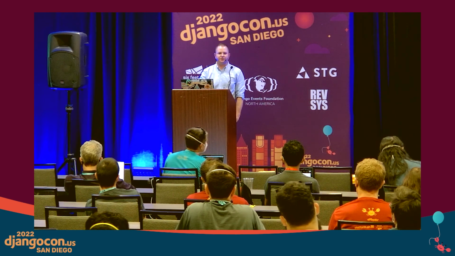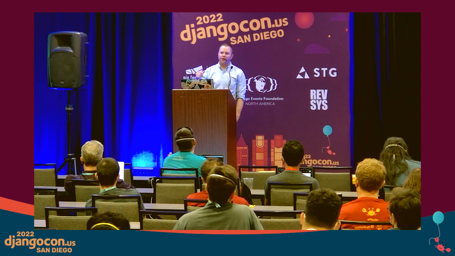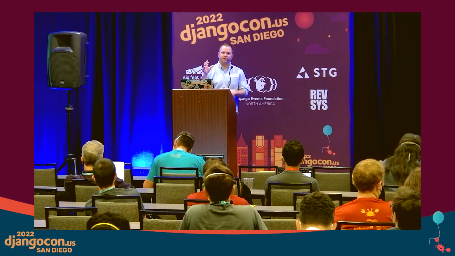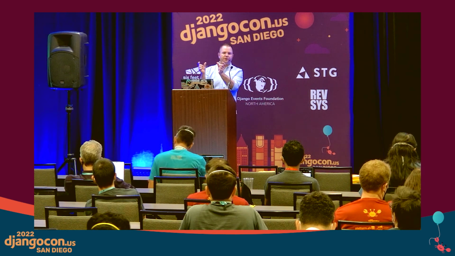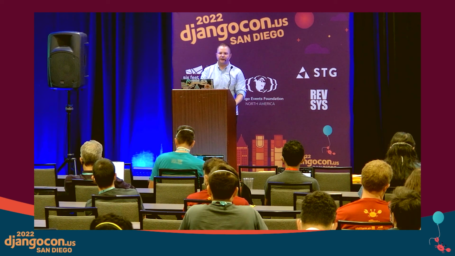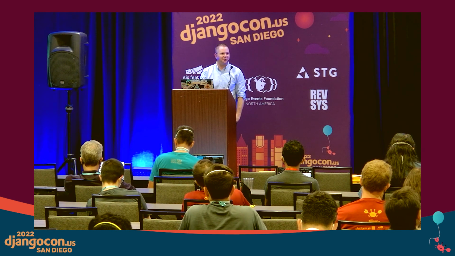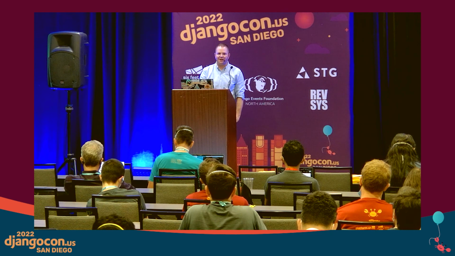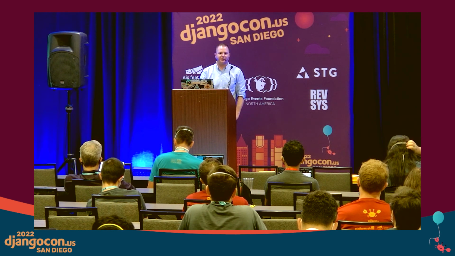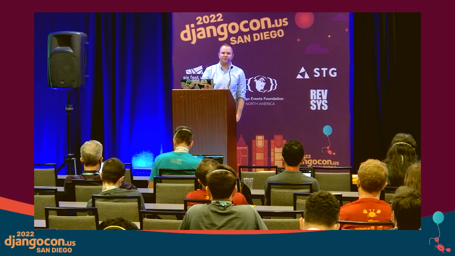You'd probably want to do a sequence of migrations where you add that field, populate it, taking those two distinct fields and applying their value to the new field, and then eventually remove the old fields. There was a really good talk yesterday about migrations. I'd encourage you to watch that video after this, or whenever it comes up on the DjangoCon site, for some tips on how to make those sorts of changes.